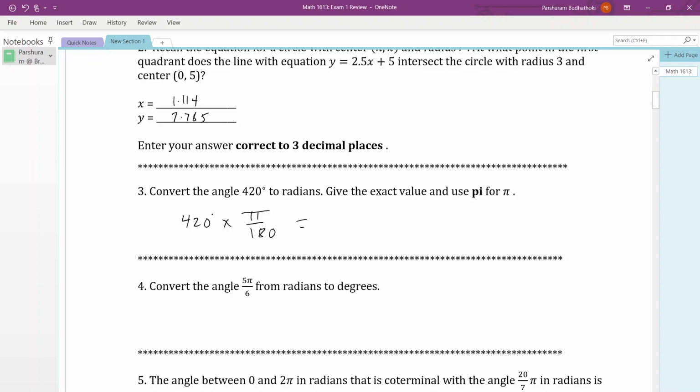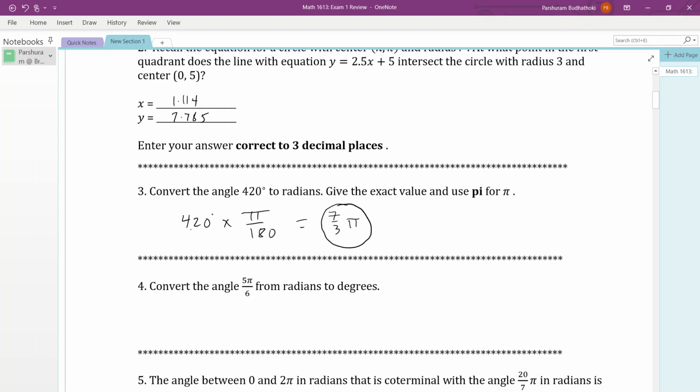So if you cancel this 0 and 0, 42 divided by 18 is 21 over 9, so 7 over 3 pi. Just divide 420 by 180, it's 7 over 3. So this is the exact answer. Exact means don't put the value of pi.